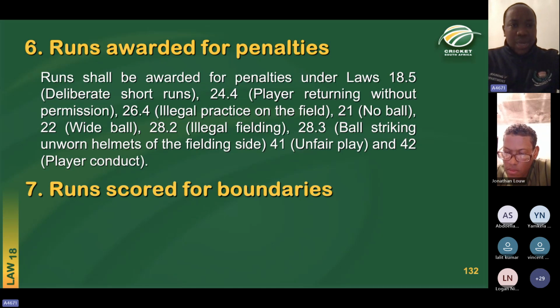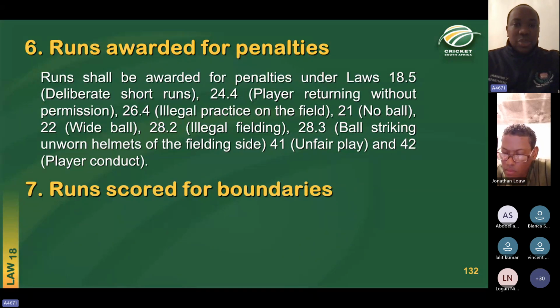No balls and wides are also considered penalty runs. Most of us refer to them as extras, but technically the law refers to them as penalty runs. When the ball goes through the wicketkeeper's legs and hits the helmet that is placed behind the wicketkeeper on the ground, that is also 5 penalty runs awarded to the batting side.